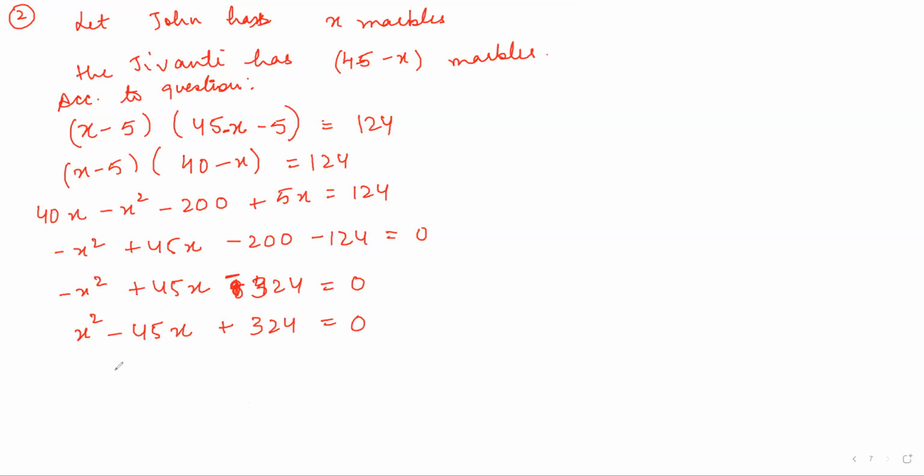So 324 into 1 is 324. I am just doing the prime factorization of 324. It's an even number, so you can start with 2. 2 into 162, then 2 into 81. Now, I should do it with 3. 3 into 27, then 3 into 9, then 3 into 3 and 3 into 1.